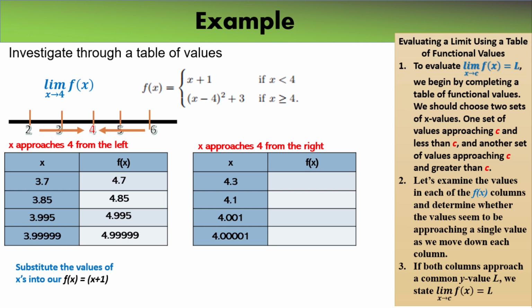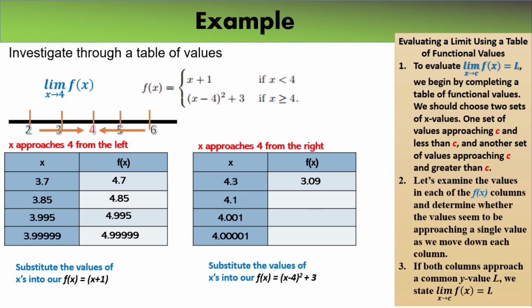Basically, yung mga provided values ng x natin are greater than 4. So ang gagamitin natin f of x ay x minus 4 squared plus 3. So substitute na natin yung mga values ng x natin sa function. So for x equals 4.3, ang f of x natin ay 3.09.